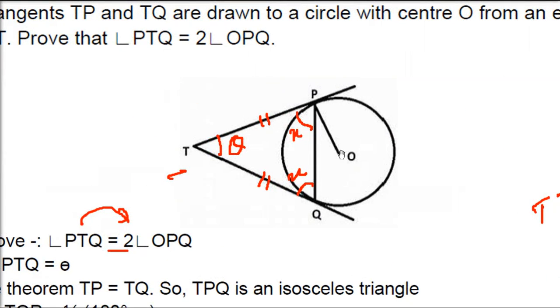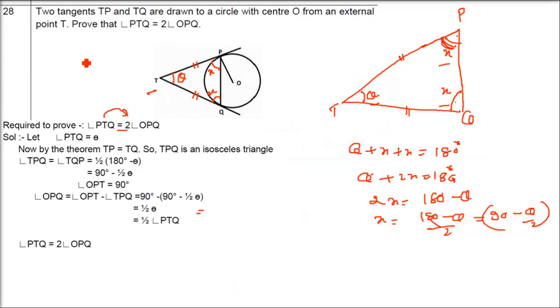Now the second concept. When you draw a line from the center to the point of tangency, the tangent makes 90 degrees with the radius. This radius and the tangent make an angle of 90 degrees. This whole angle is 90 degrees.